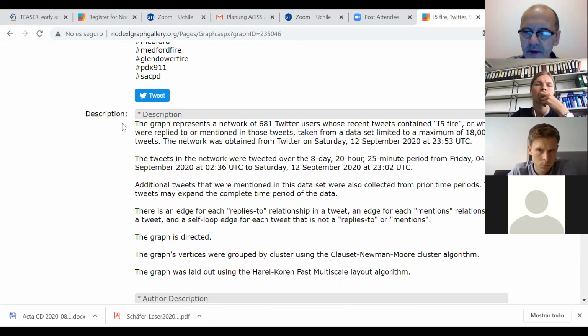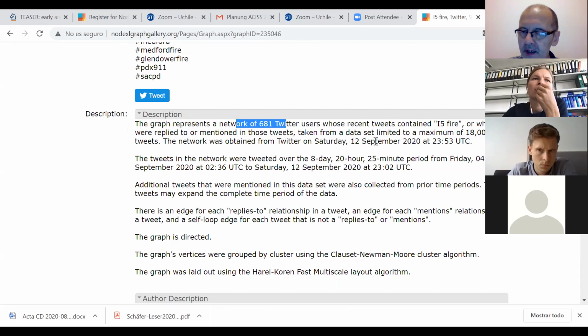Here we have a description of what the graph is about. This graph represents a network of 681 Twitter users with tweets containing I5 fire in their tweet. These tweets were taken from a set of 18,000 tweets.